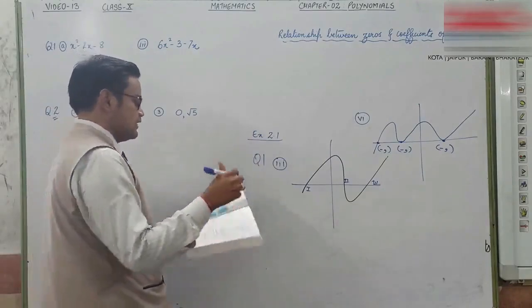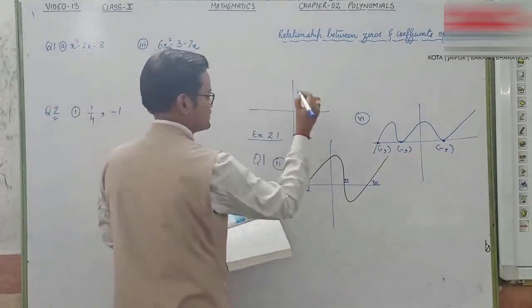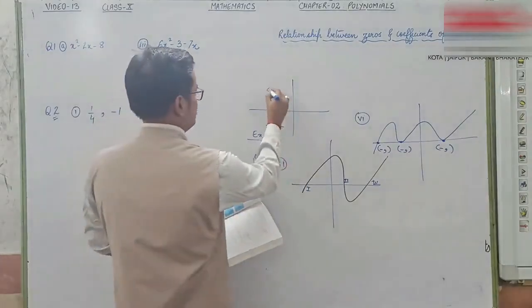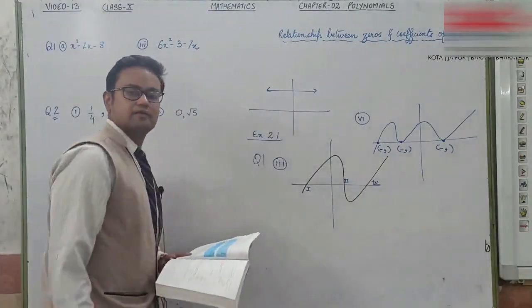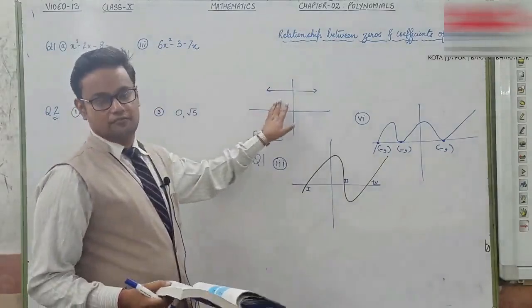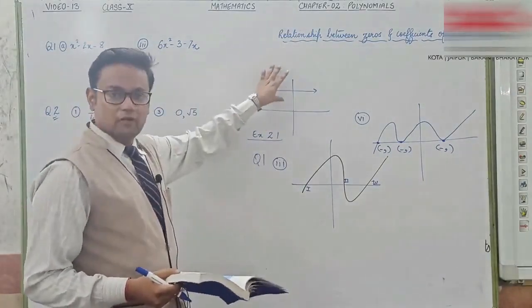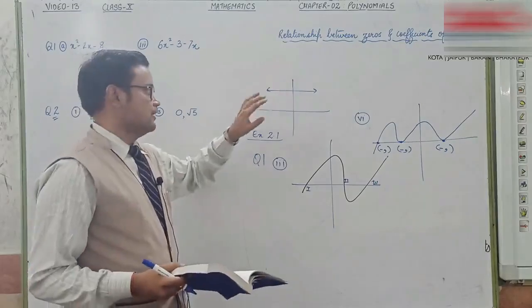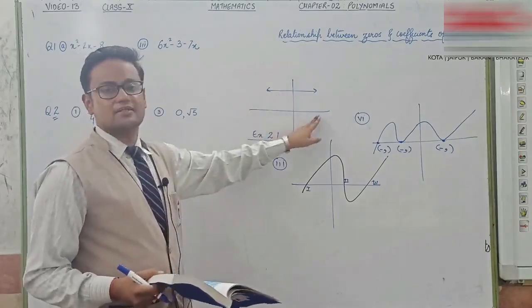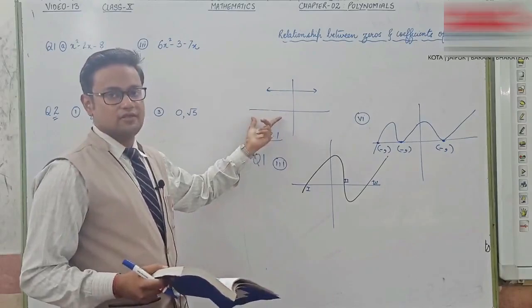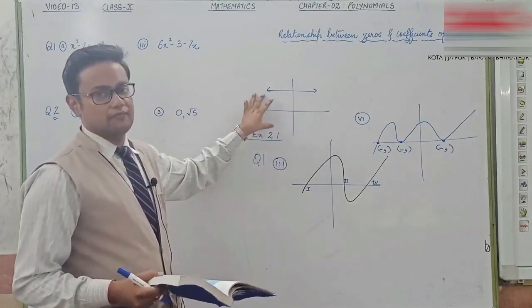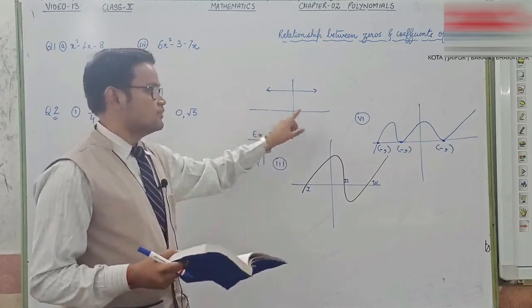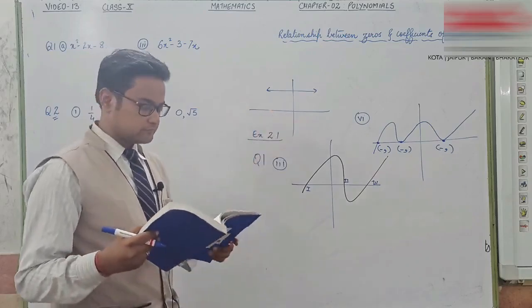The first part is very interesting. This is the Cartesian plane and the graph is a straight line. So it is the graph of a linear polynomial, and since it doesn't touch the x-axis, it will have 0 zeros, right?